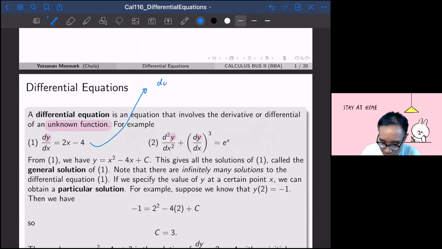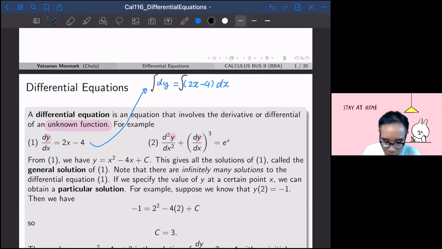You would get dy equal to (2x minus 4) dx, so you write it in differential form. In order to recover y, you'd like to get rid of the differential operator, and the way to do that is to integrate both sides.